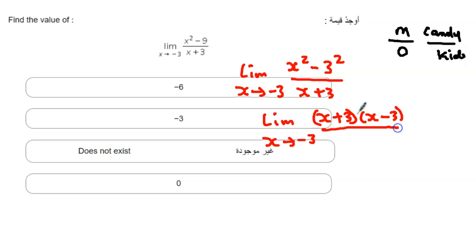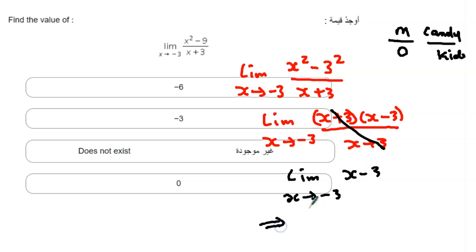If you expand this, you will get that back. And then x plus 3 here, this reduces that. So now we got the limit as x approaches -3 of x minus 3. Now, this implies that wherever we see x, we are just going to replace it with -3. So -3 minus 3 gives us -6. And that's what the calculator gave us within a second.